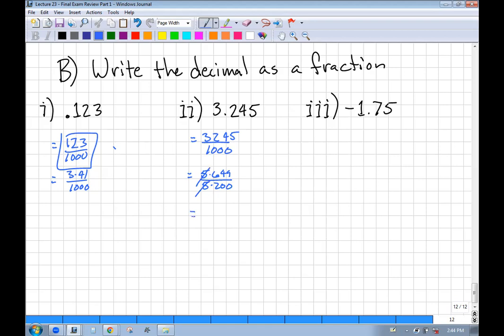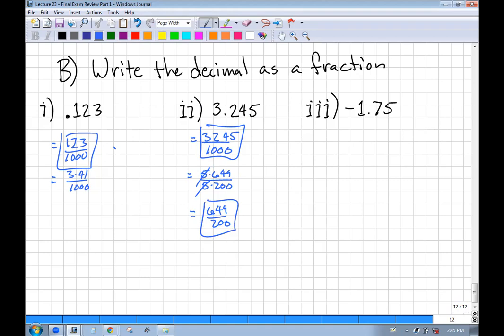Let's see, 649, not divisible by 3. 6, no, 7. I don't know. We could mess around with this forever. So what I would do is, right, knowing I can obviously pull a 5 out of both of those, I would do that. At this point, I would box both these answers, okay?